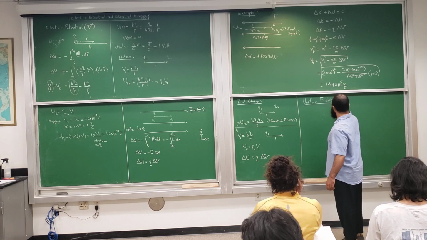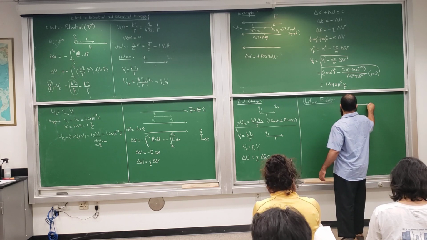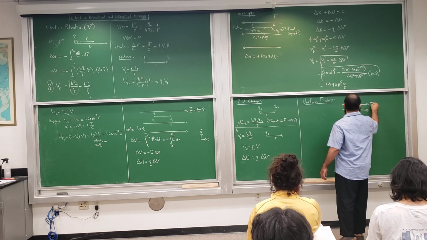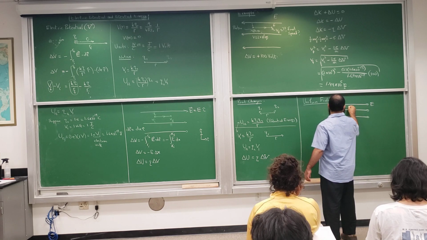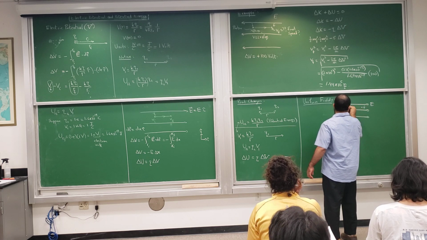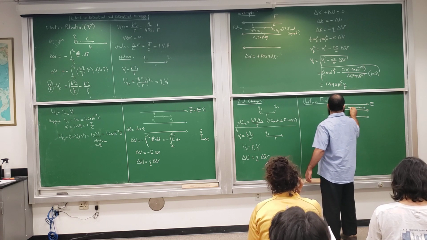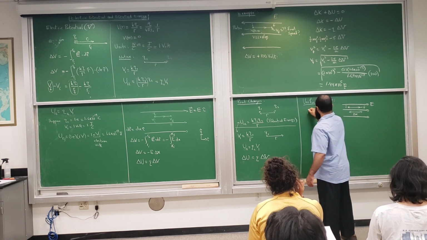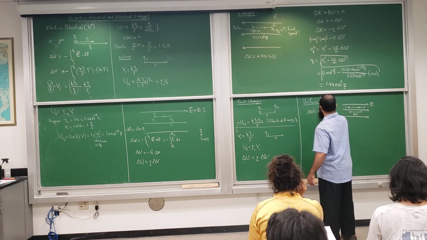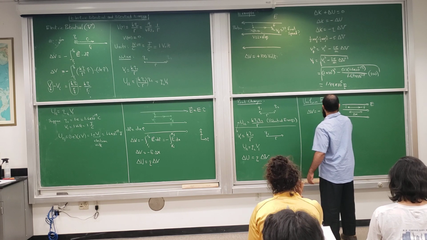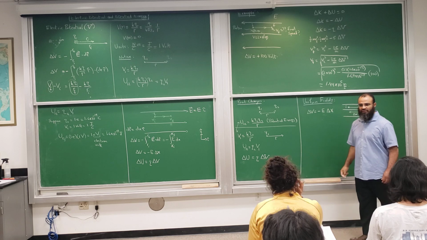And so for uniform fields, let's say the field is in this direction, and it's uniform, and this is the initial, and this is the final. And this distance this way is delta x. Then delta V is equal to minus E times delta x.